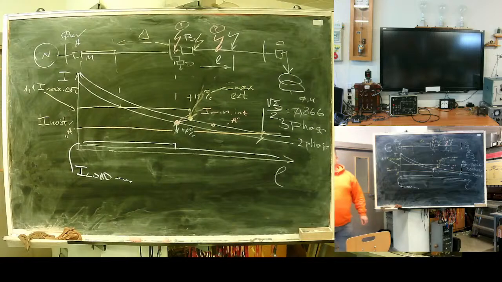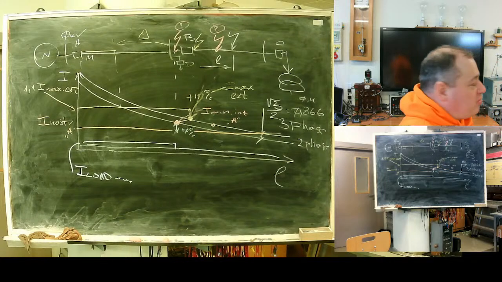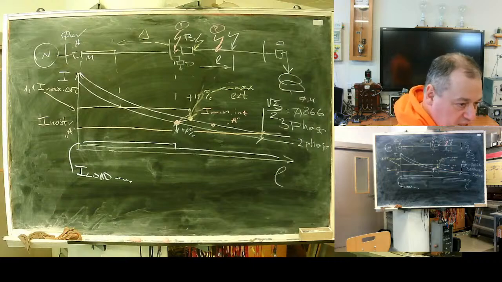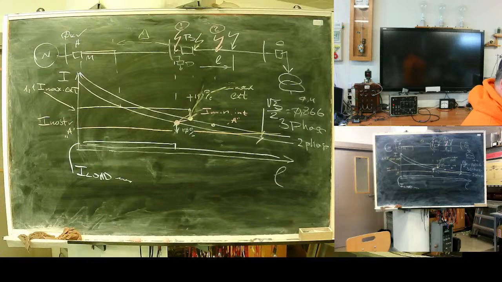What will happen? I will be advertised to shallow operator. Do you see the problem? Where is the problem? I need to fulfill two criteria, selectivity and sensitivity. But I have only one coordinate here, trip current.